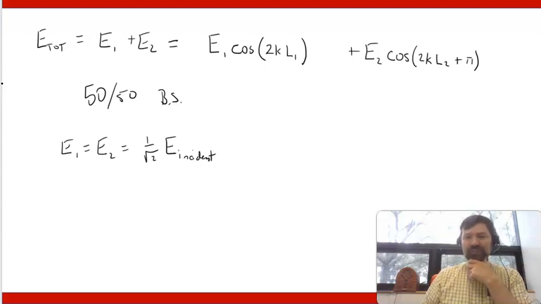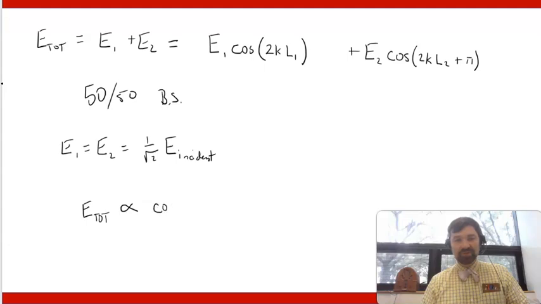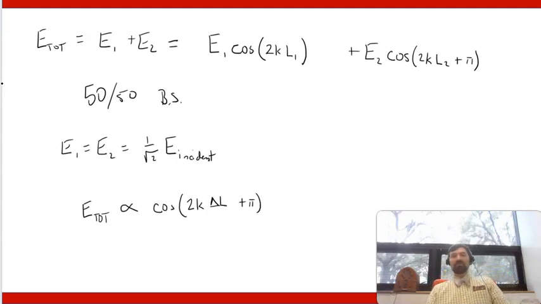Okay. Now these two, basically when they recombine, you can add these cosine terms using your law of sum of cosines, whatever you want to call it. What you'll end up getting is essentially E total is proportional to the cosine of 2 times k times delta L plus pi or minus pi, whichever you want to do.